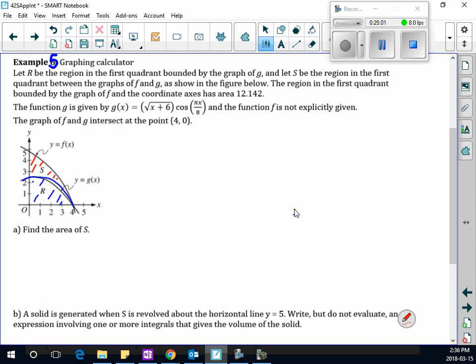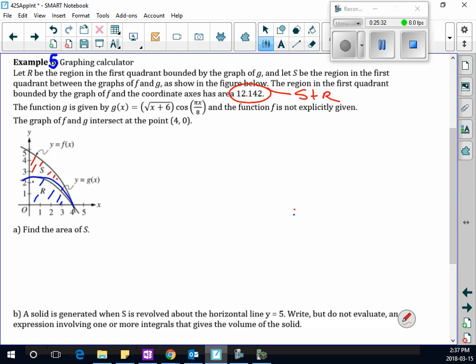The area of that region bounded by F, which is this top part, and the coordinate axes is 12.142. Does everybody see that's the area of S plus R? Does that make sense to you?